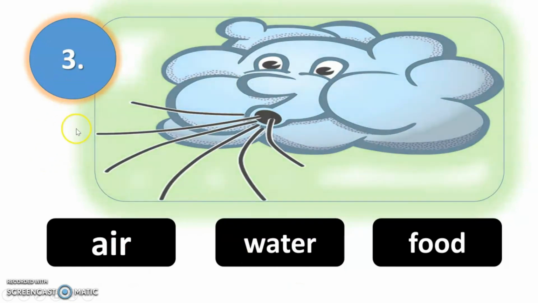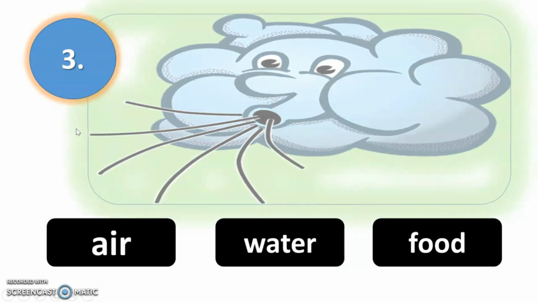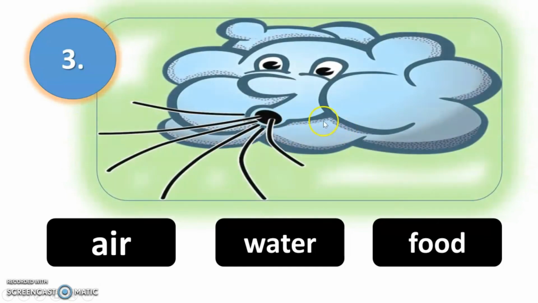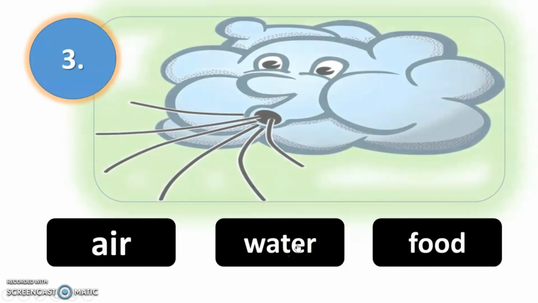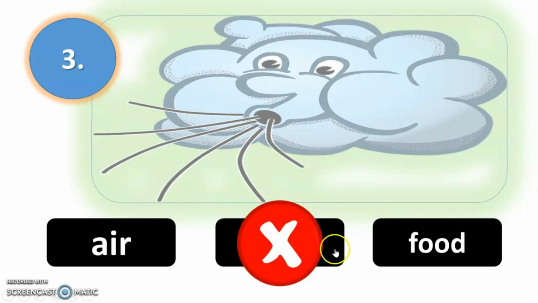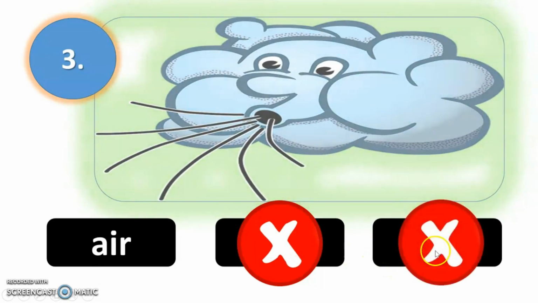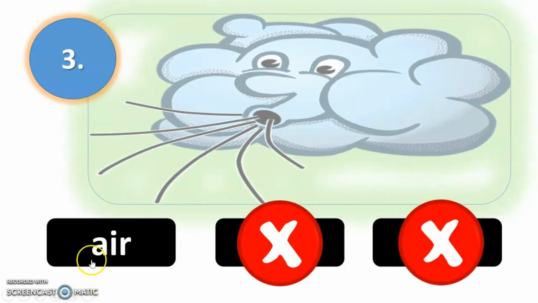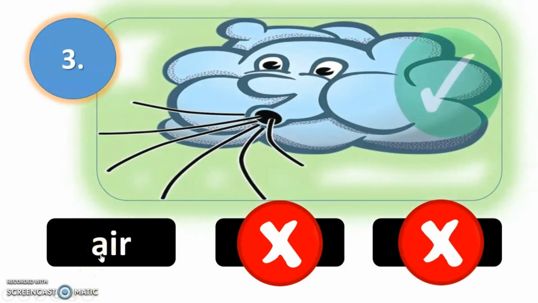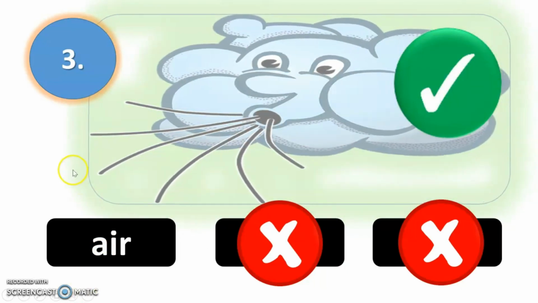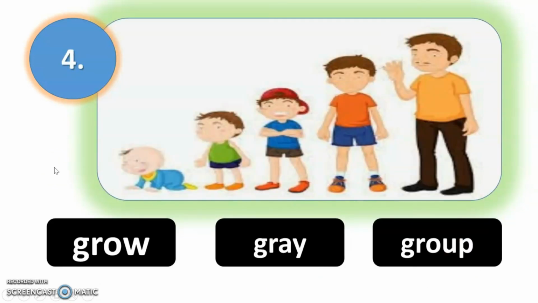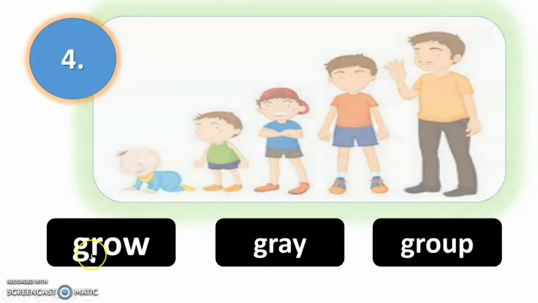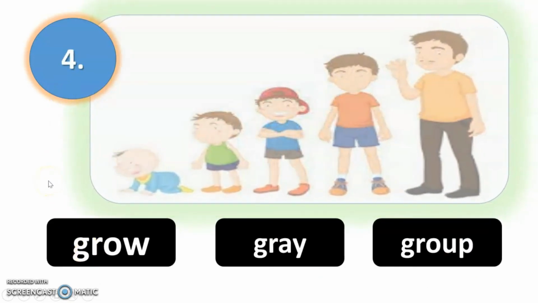Number 3 is very easy. Is it water? Let's check. No, it's not. Food? No, it's not. Is it air? Of course, it is air. Well done. So what's next? Last example.